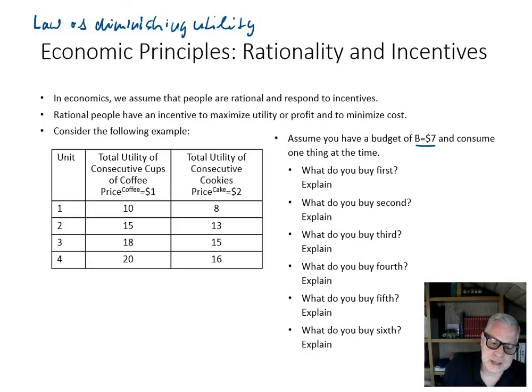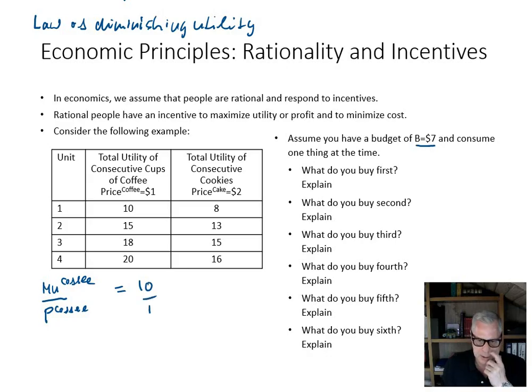So now we would say that the marginal utility for a coffee per dollar spent, per price of coffee, would be 10 divided by 1. So per dollar spent on coffee you get a utility of 10.